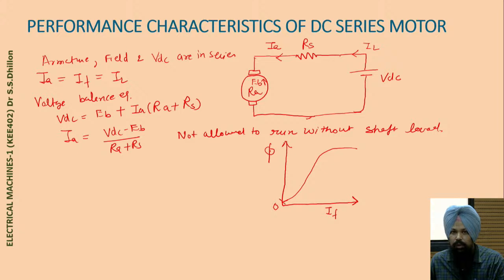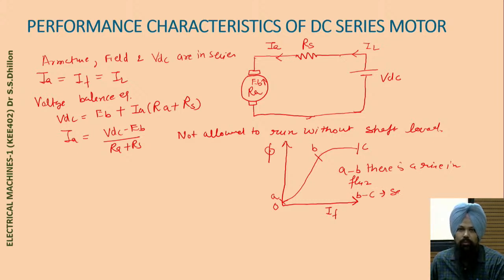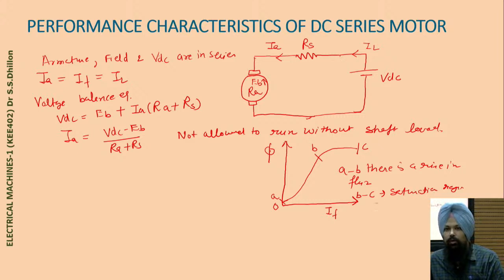Let us mark this point as A, this part as B, and this as C. From A to B there is a rise in flux in a little bit linear manner. But from B to C it is almost in the saturation region, and in the saturation region flux is considered to be constant. This is the main concept here.